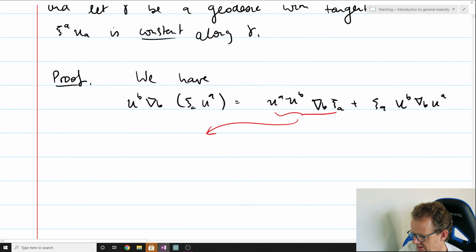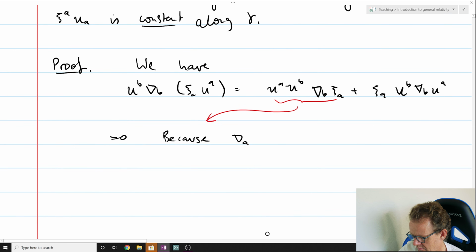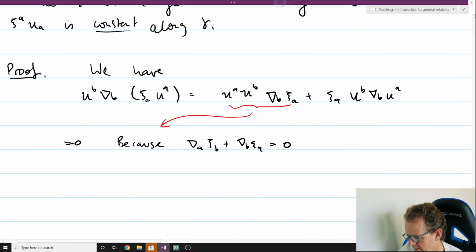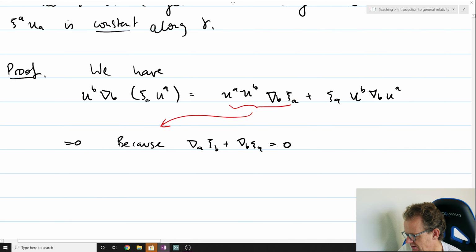That quantity there is going to be 0 because of Killing's equation. Because this is a Killing vector, it obeys this equation here, and the thing U^A U^B is symmetric, and therefore it's got to be 0. And the second thing is 0 because, well, that's a geodesic. Yeah?